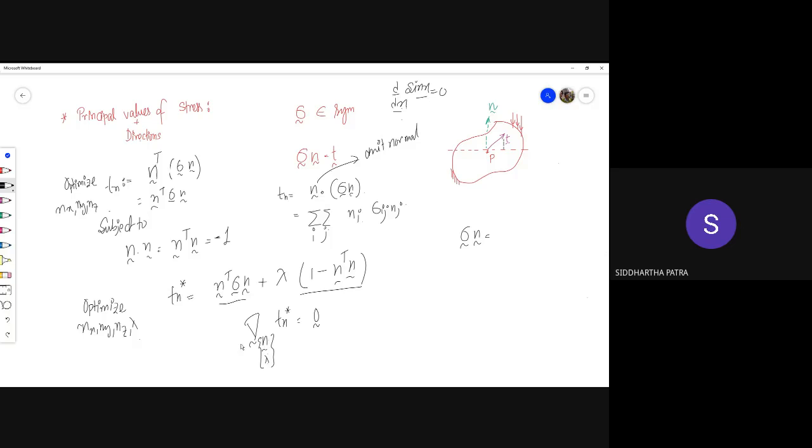You need to understand that each component is independent of the other. It can be shown that the first three rows give us this equation, lambda times n, which is the eigenvalue problem.